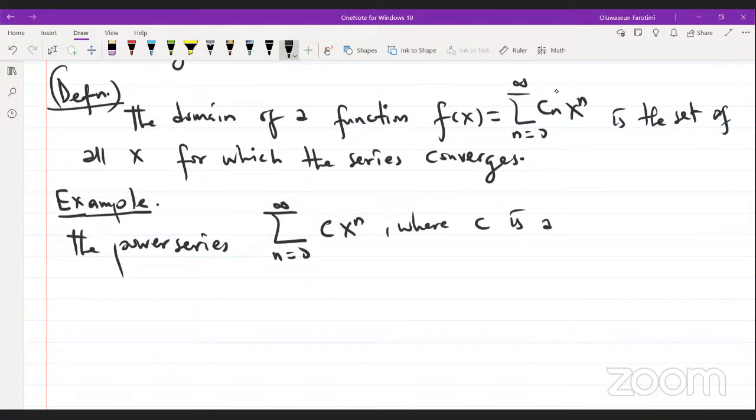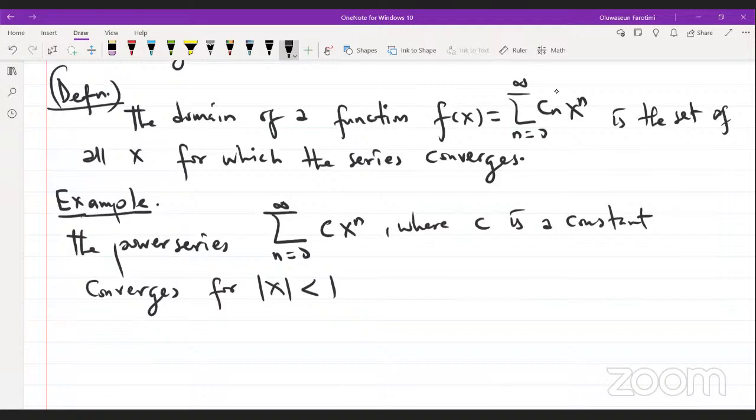Now this power series converges when the absolute value of x is less than 1. Do you remember geometric series? Because we said above that this is a geometric series, okay? So when does it converge? When the common ratio is less than 1, and it diverges when the absolute value of x is greater than or equal to 1.